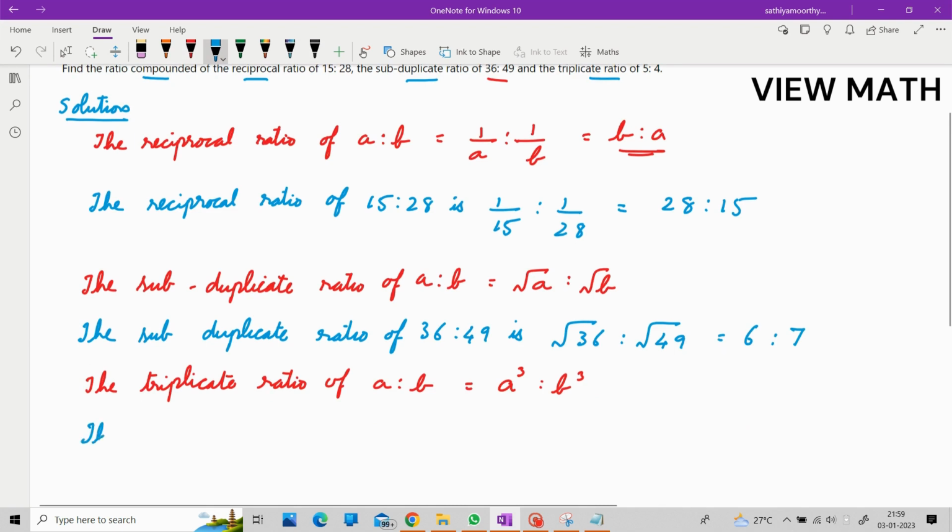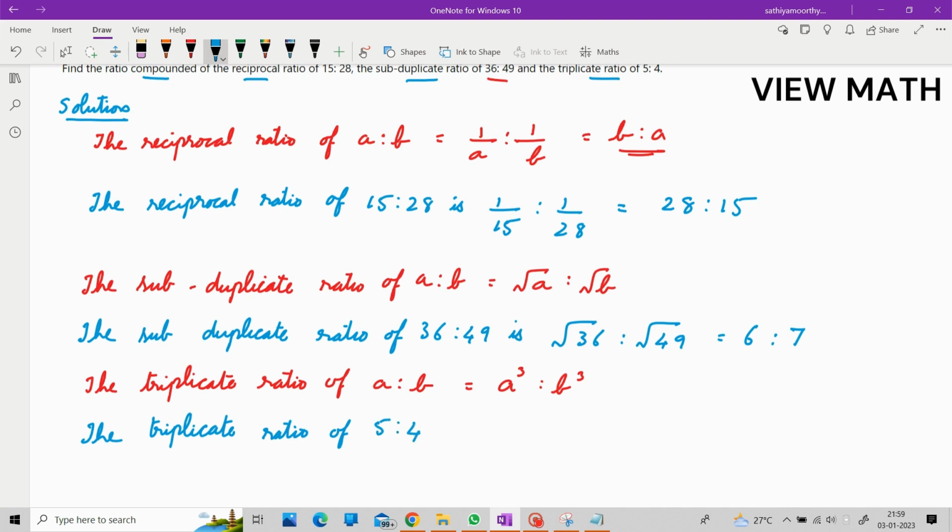The triplicate ratio of 5 is to 4 is equal to 5 cube is to 4 cube, which is equal to 5 cube is 125 is to 4 cube is 64.